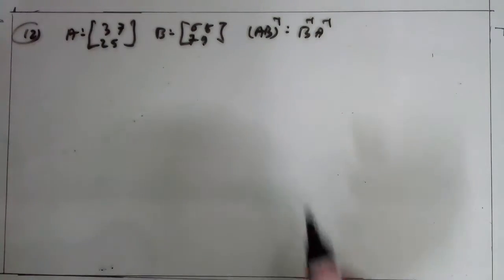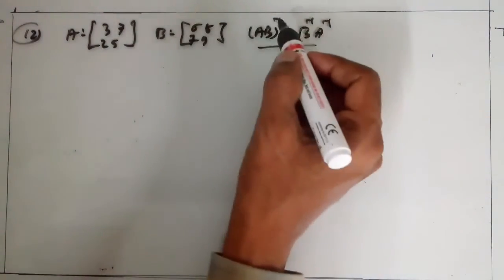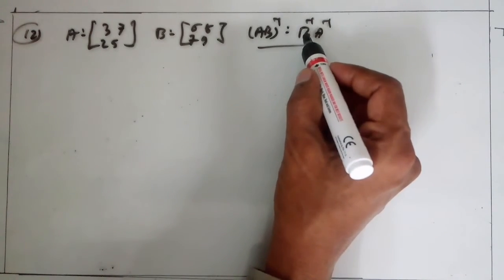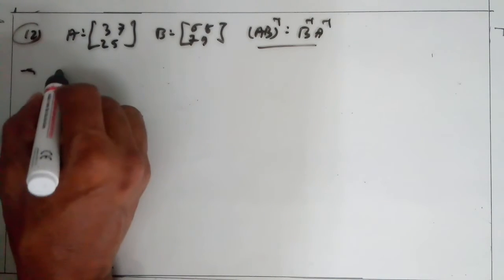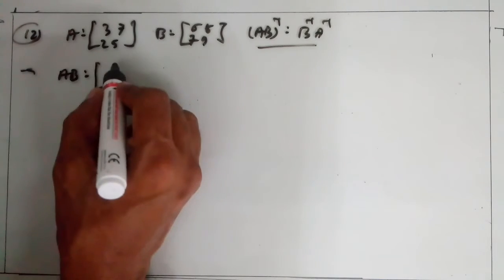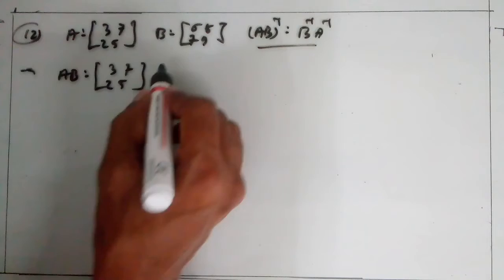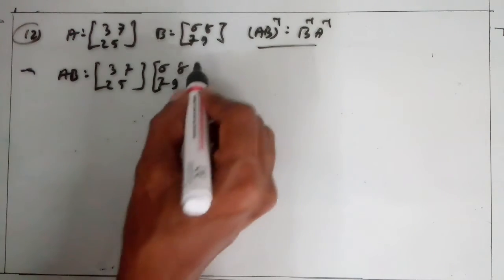To verify this result, first we get AB, then find its inverse, then find A inverse, B inverse, and do the matrix multiplication. Here A into B, the matrix multiplication of A and B, where A is 3, 7, 2, 5 and B is 6, 8, 7, 9.